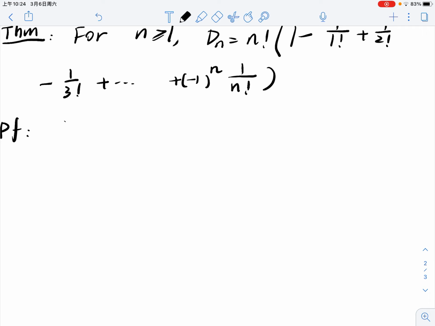The proof is based on the inclusion-exclusion principle we introduced in the last lecture. First, we define the total set S, which is all the permutations of n elements.